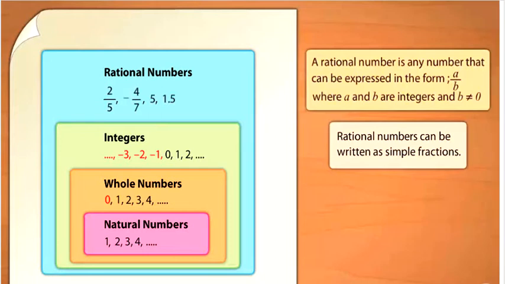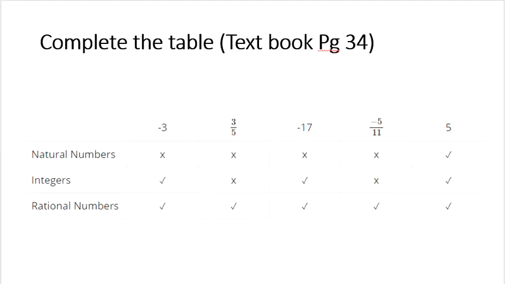Following is a complete chart of the table given in the textbook on page 34, where you're going to mark the natural numbers, integers and rational numbers with a tick mark or cross mark according to the given 5 examples.